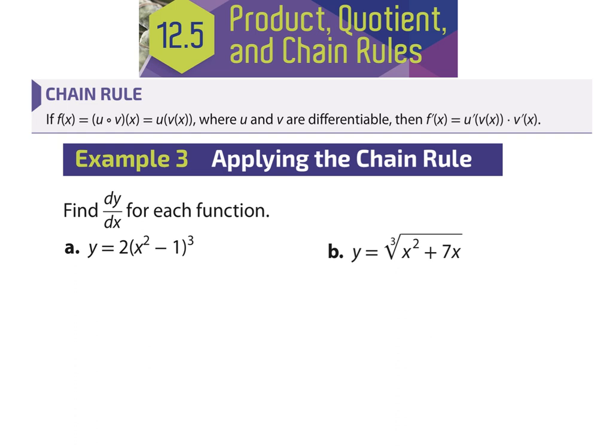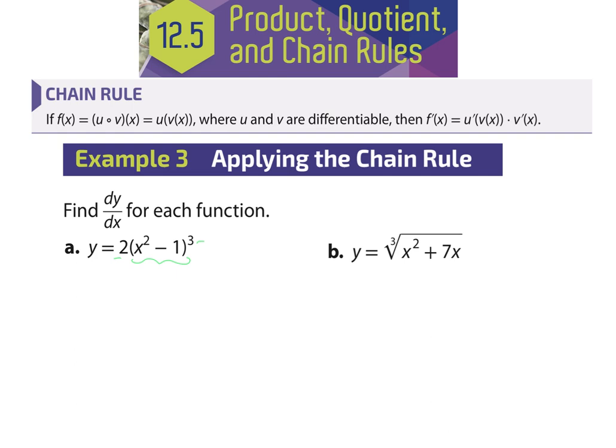So when I look at example 3a here, my outside function would be this 2 times this guy to the 3rd power, right? So that inside piece I actually ignore when I'm doing the outside derivative. So he doesn't change at all for this first step.